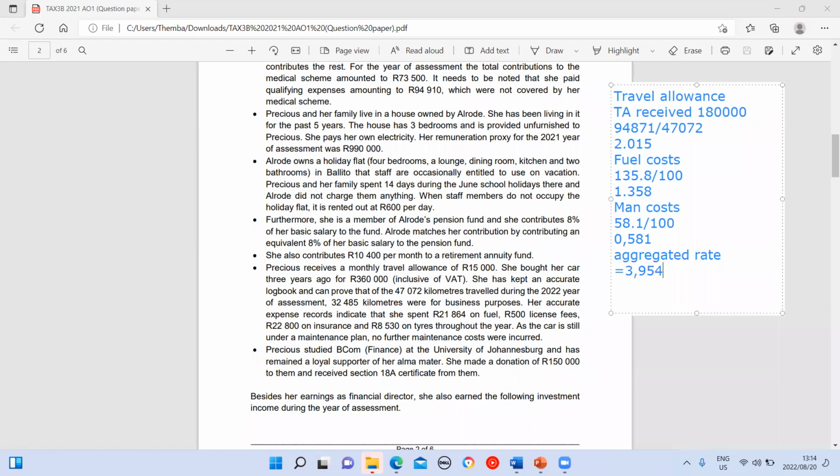And remember, in terms of the process that I described on the slides, you have to multiply this by your business kilometers only.